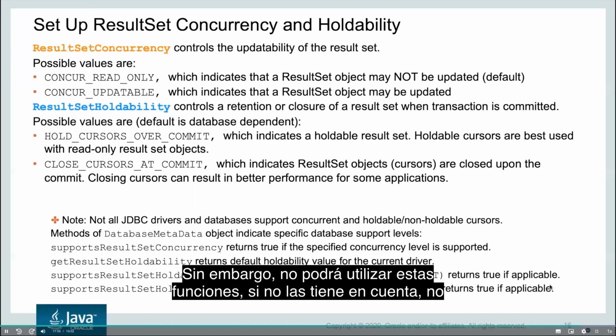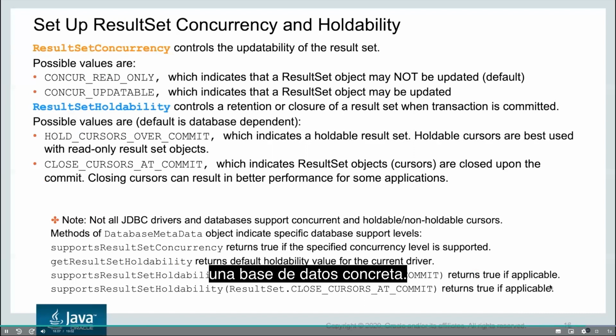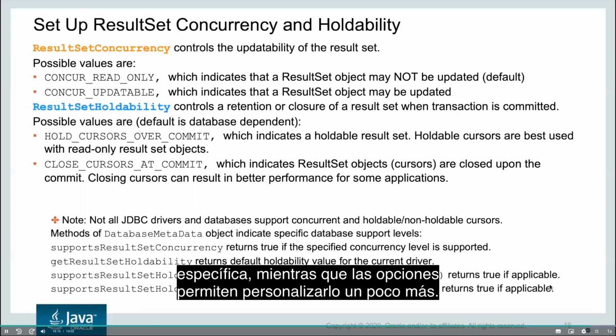If you would not consider these features, then you won't be able to take advantage of performance or enhancements that a particular database would provide. Yeah, and code will work across databases, but it will work in kind of a vanilla way, whilst these options allow you to customize it a little bit more.